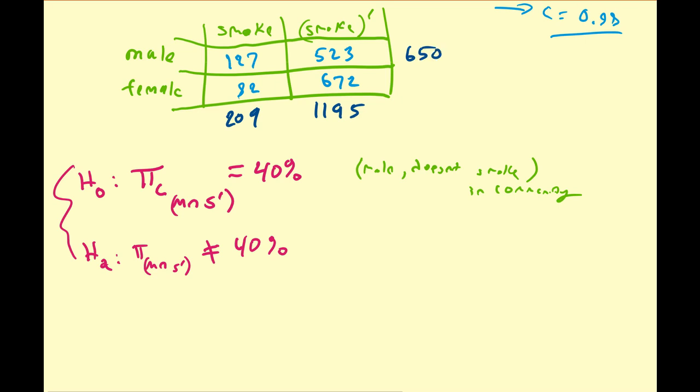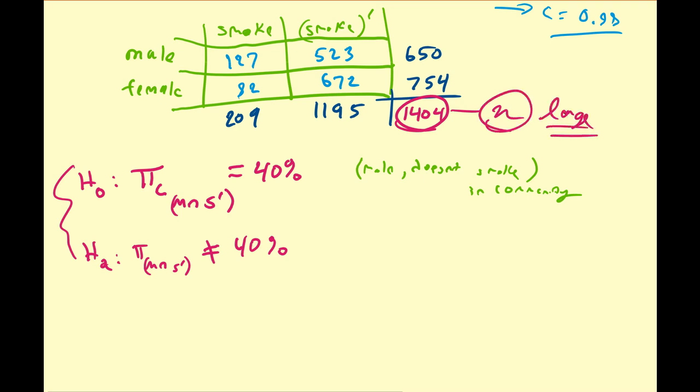That's going to give us 754 for the second row. And if we add up either all the rows or all the columns together, we should get 1404. So this is going to be my sample size. So of course, you may claim that this is a large number, so we should have no issues with the conclusions for this hypothesis test.